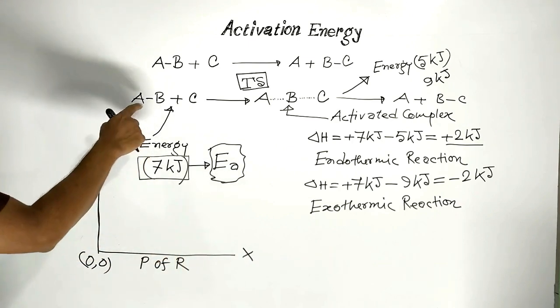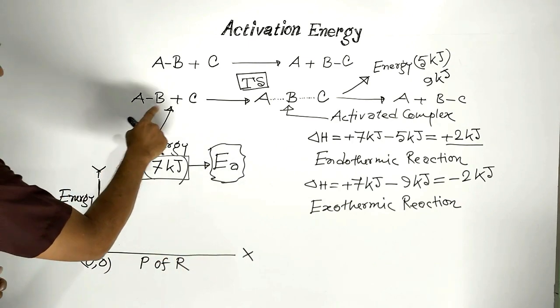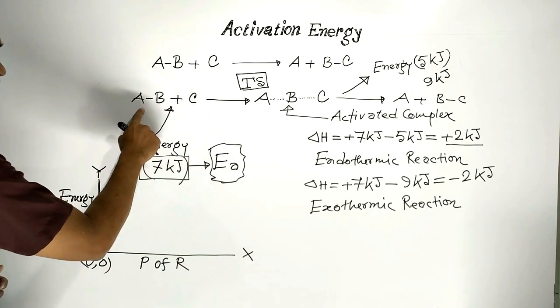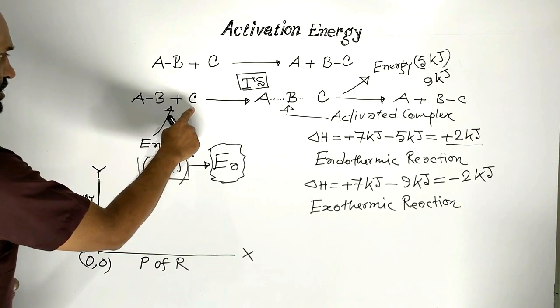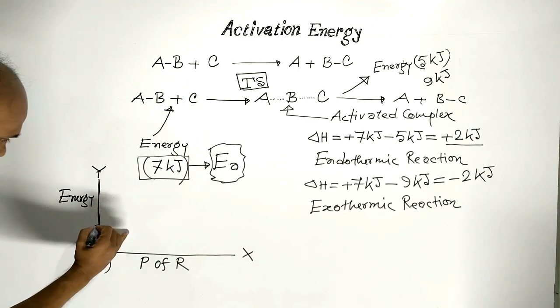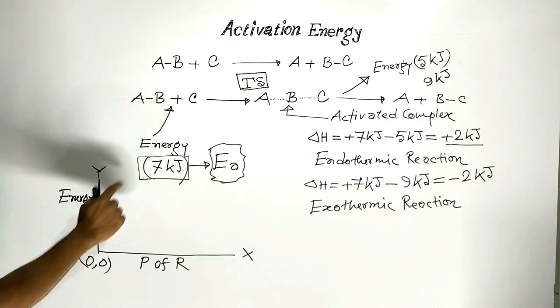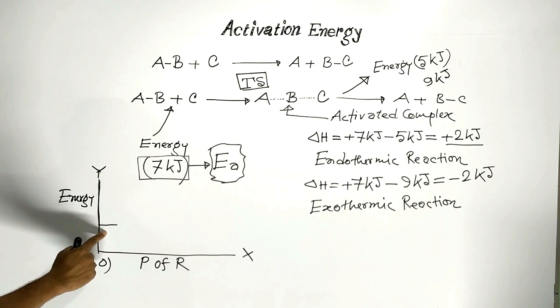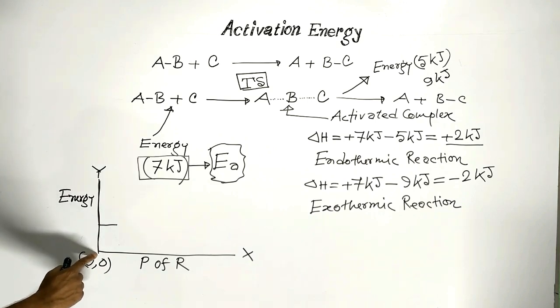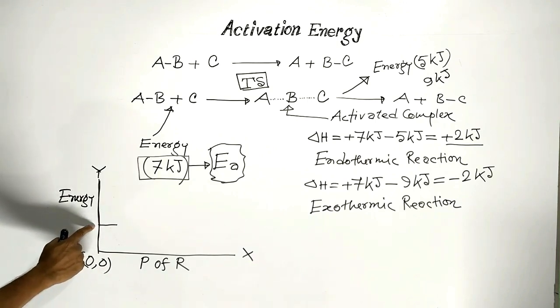Here reactants are A, B and C. All compounds have internal energy, so it will be started from here because all compounds have internal energy. It will not be started from 0, 0. It will be started from here.